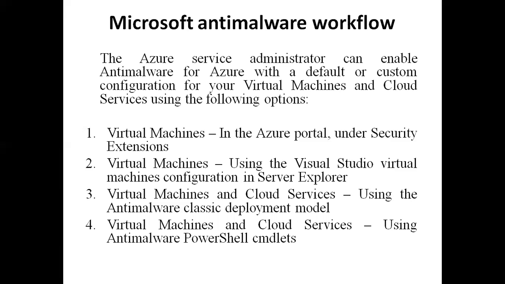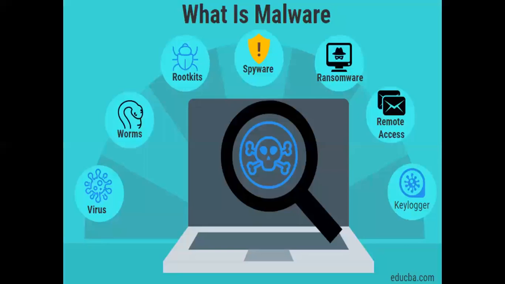Some of the ways for a virtual machine: in the Azure portal under the security extension, we can do it. Second, by using Visual Studio Code. Third one is by using the anti-malware classic deployment model. And last one, we can also do it by PowerShell command line.